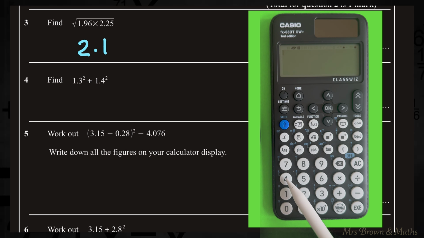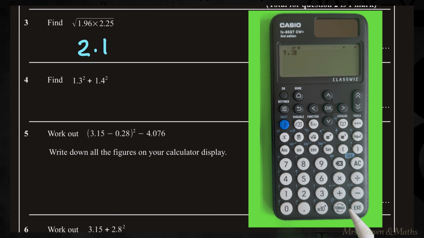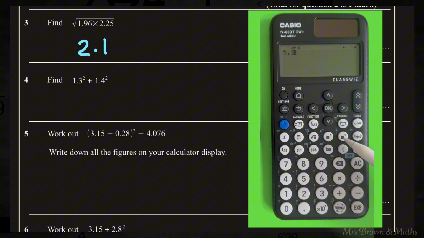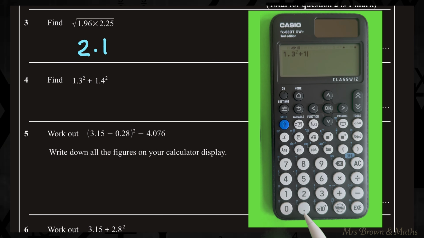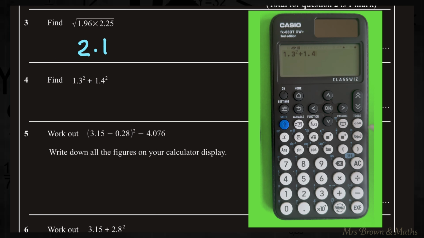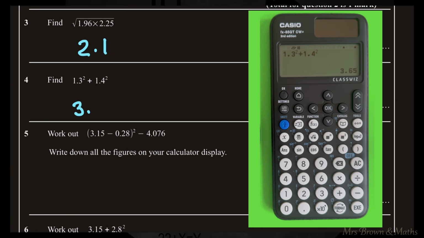Question 4. Oh, sorry. Question 4. 1.3 squared plus 1.4 squared equals, format, 3.65. Final answer.